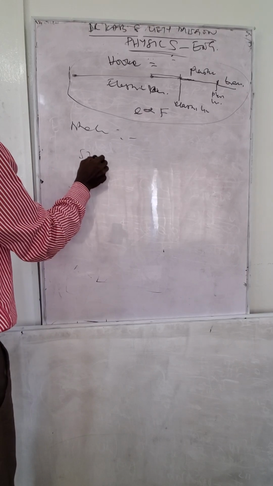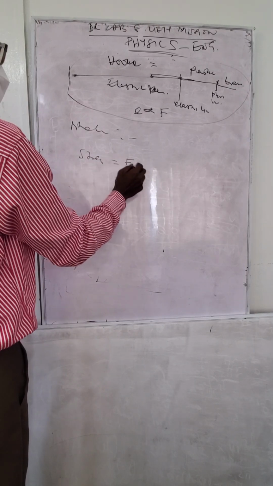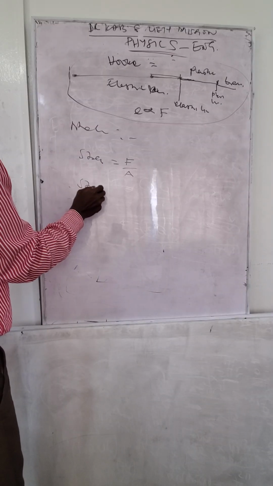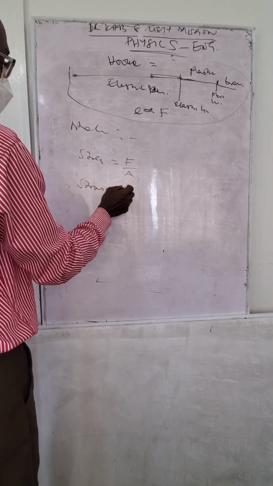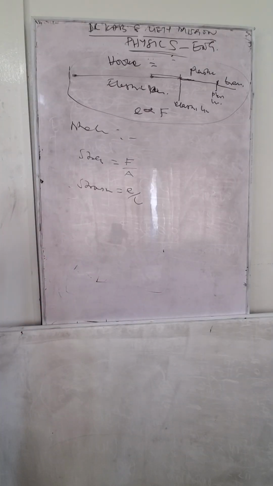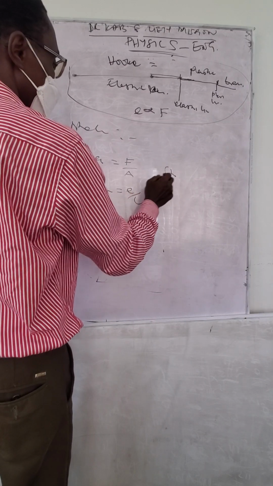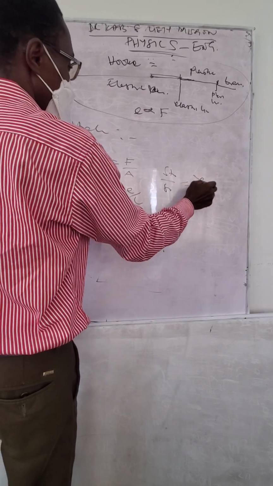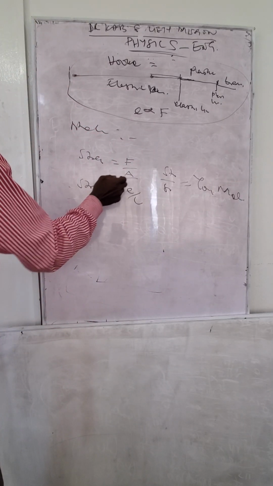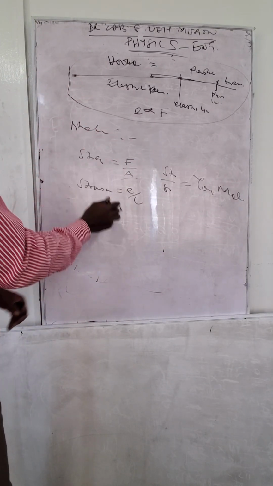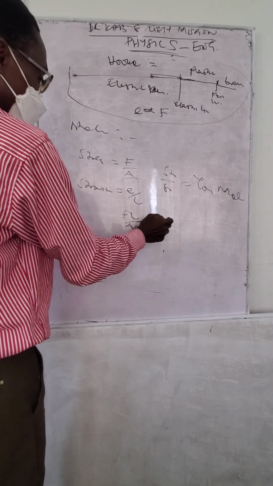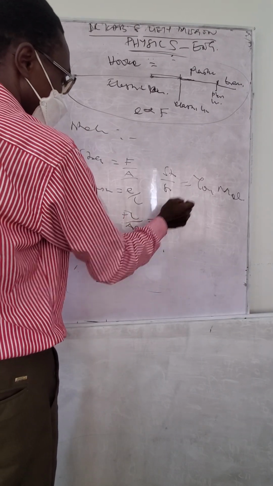Now stress is giving us the force per area, and strain is giving us the extension per length. If you have stress over strain, we call it the Young modulus. So it's going to flip up, and we're going to have FL over AE. This measures the constant we call the Young modulus.